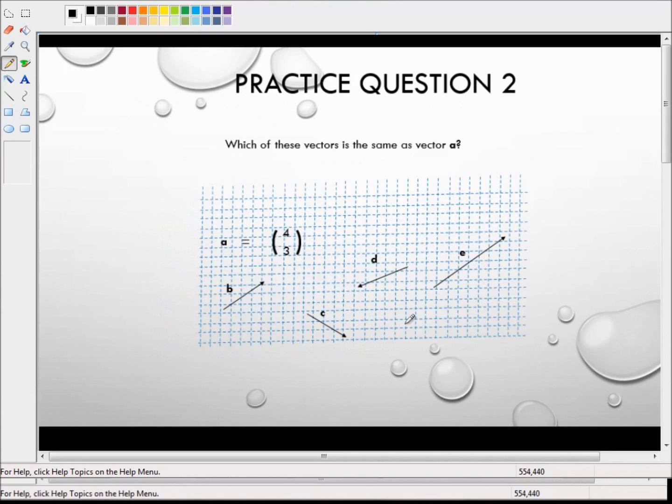Okay then, so how did you get on? Alright, in this question we're told which of these vectors is the same as vector A. Well, vector A is 4, 3, so it's 4 to the right and 3 up. So we've got our grid here. So let's look at B. Well, it seems to start just a little bit off the square, but it ends just a little bit off the next square.